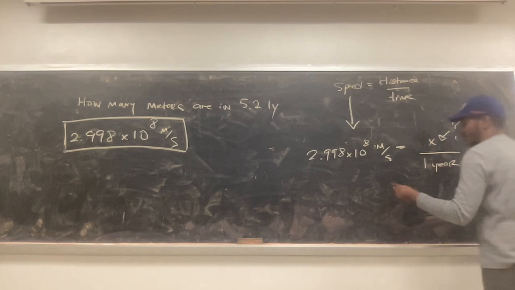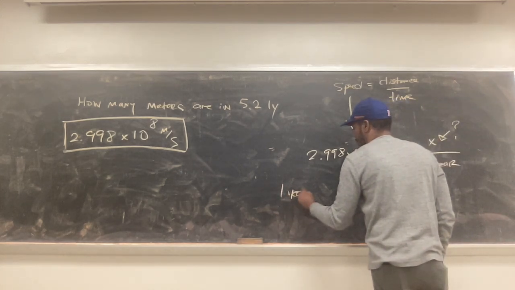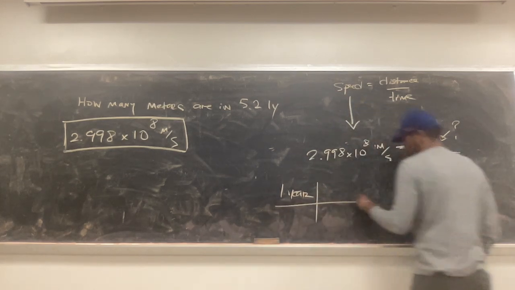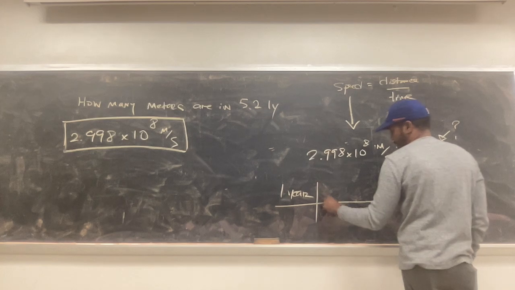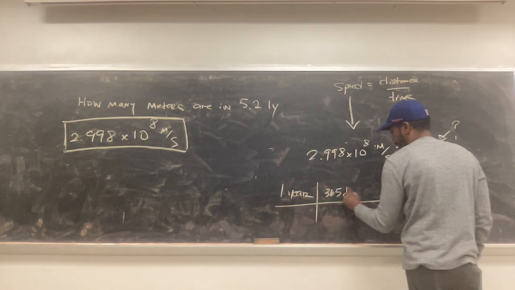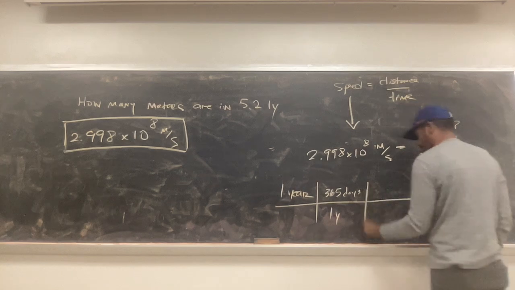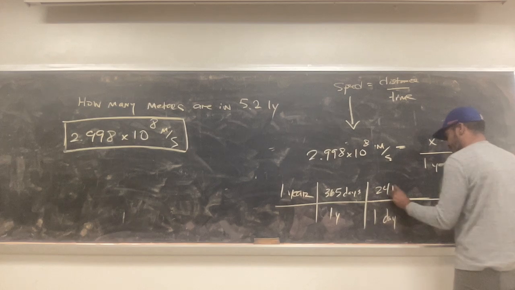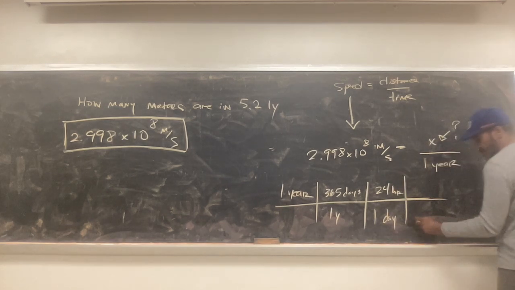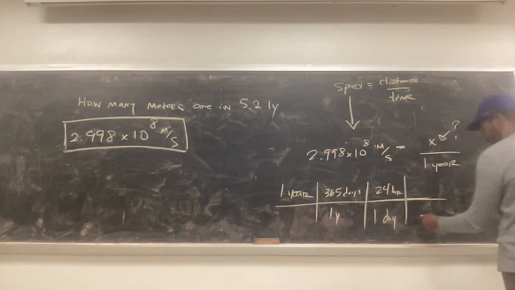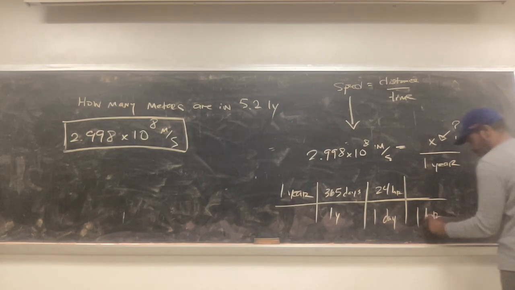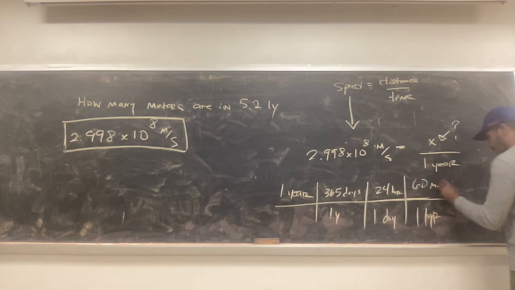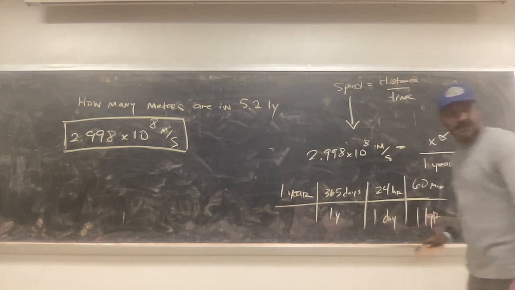So 1 year, we do 365 days, 1 day, 24 hours, 1 hour, 3,600 seconds.